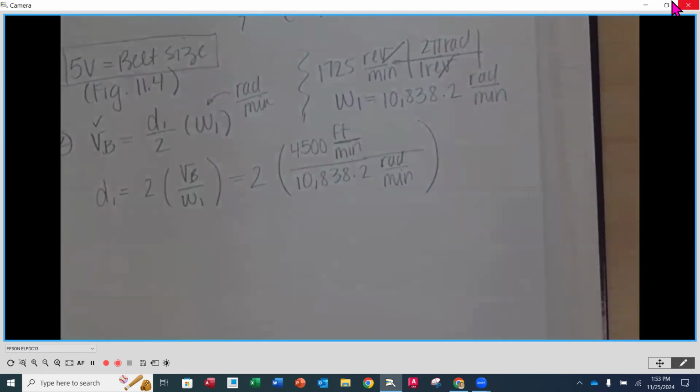So you should have 4,500 feet per minute on top divided by 10,838.2 radians per minute. Do you have that?